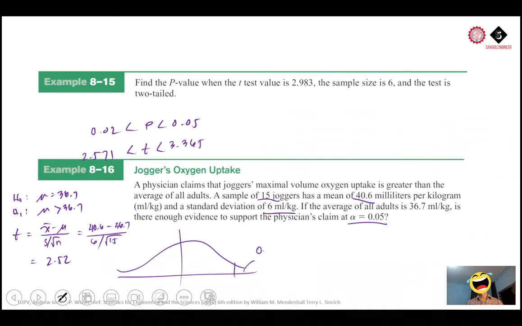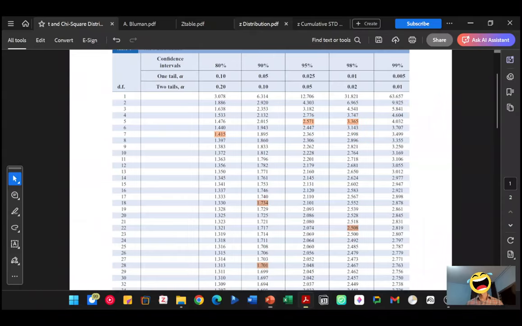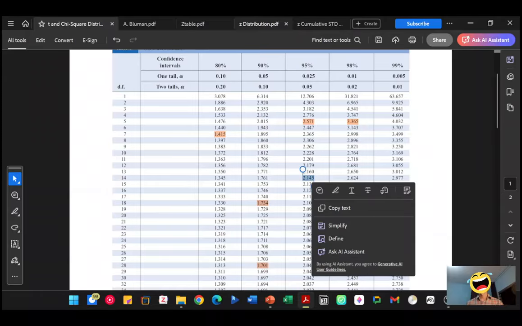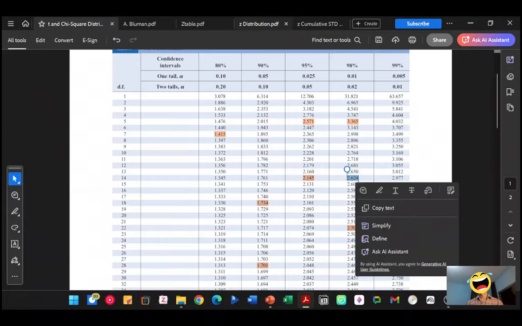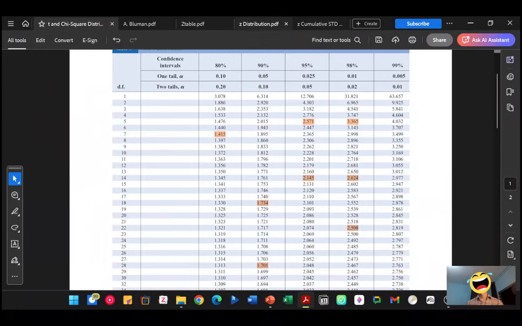This is 0.05. This is 0.45. So one tail, 2.52. The degrees of freedom is 40. 2.52 is between here. Okay, so it's between 2 and 5.